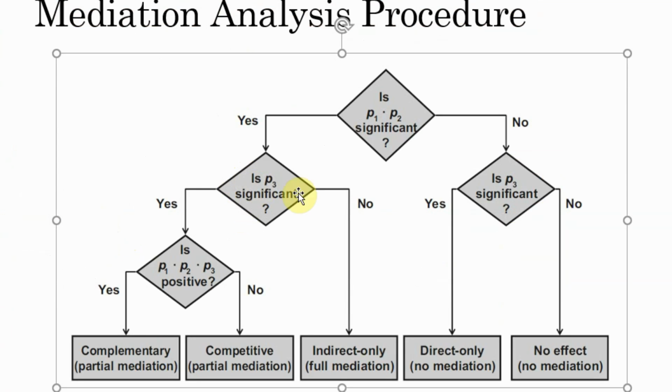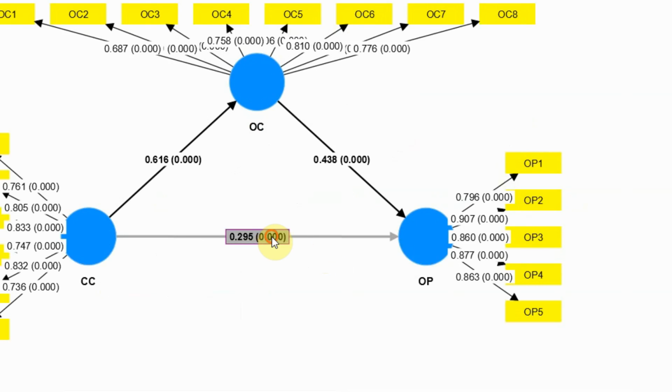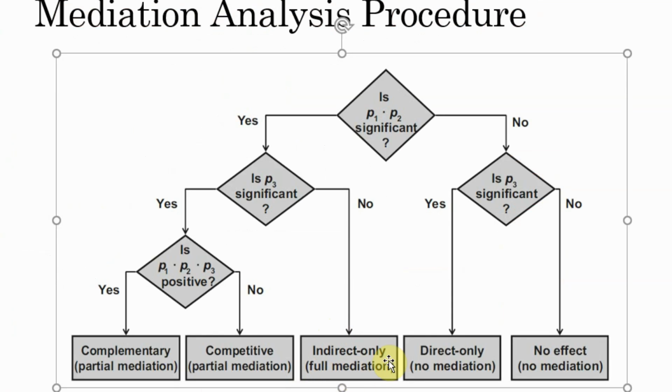If P3 wasn't significant, this would mean that no impact of CC on OP is passing through this path, and when your indirect effect is significant, the whole impact of CC on OP is passing through the indirect path. That is, there is full mediation.